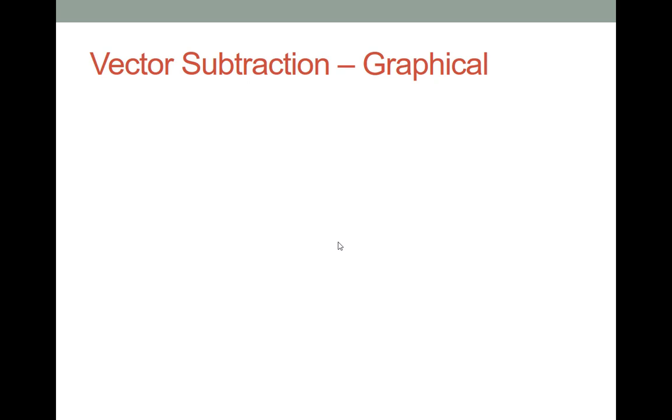Vector subtraction is done very similar to vector addition with a small change in sign. Okay. So if I have a vector A and a vector B, and I want to find A minus B, and I want to do it graphically, I start the same way I did before and draw my vector A. And now I'm going to rephrase this.